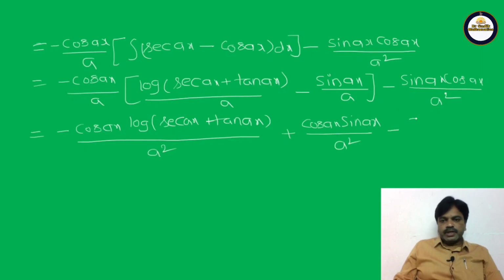Now we have minus sin ax cos ax by a square.